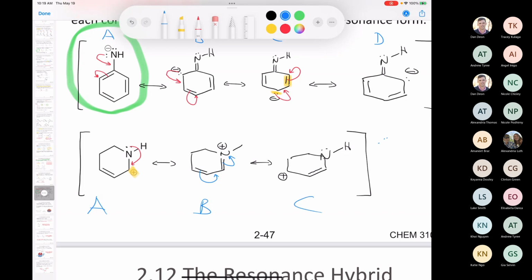Yeah, it's going to be B. Why would that be, Andrew? Or anybody? This one is going to be the most significant, yes? No, you couldn't use that rule because nitrogen is more electronegative than carbon. So nitrogen is actually less comfortable with a positive charge. Nitrogen is more comfortable with a negative charge.